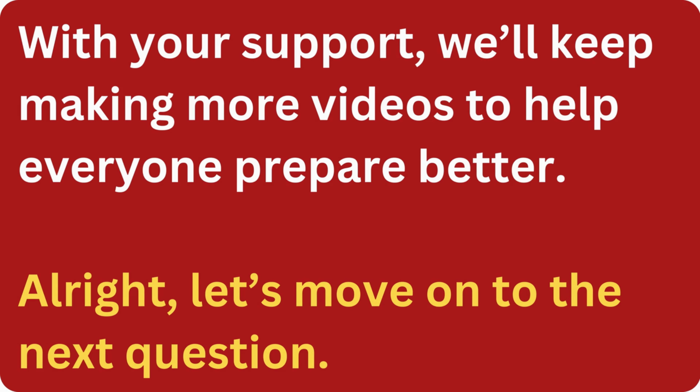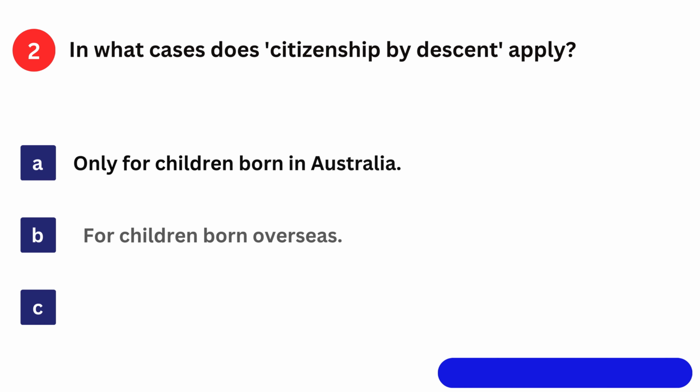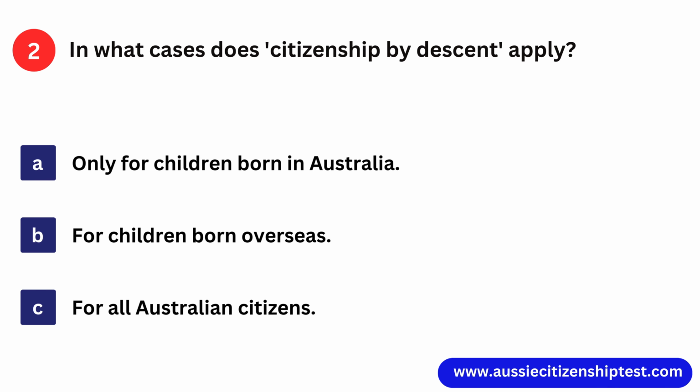Alright, let's move on to the next question. In what cases does citizenship by descent apply? Option A. Only for children born in Australia. Option B. For children born overseas.